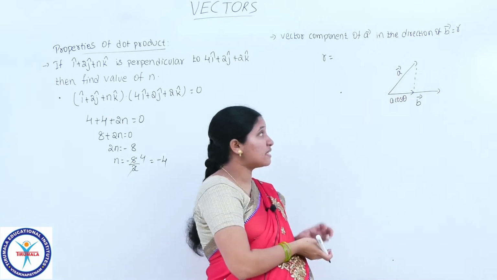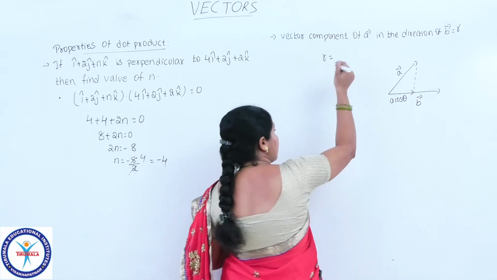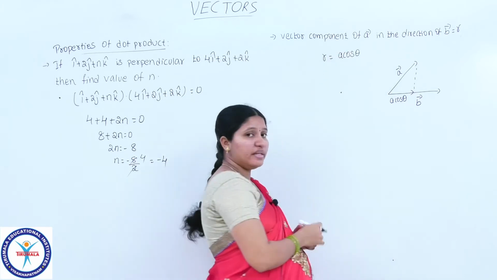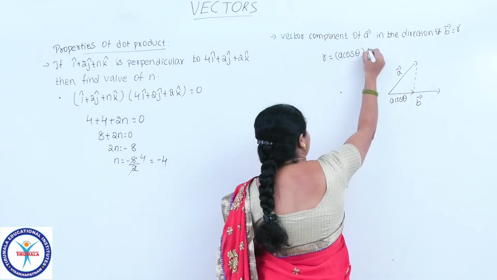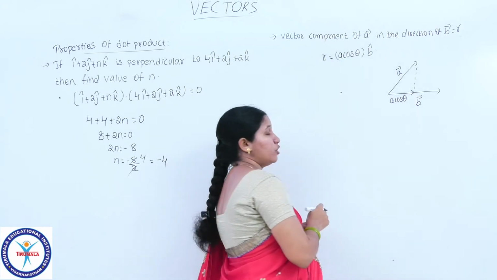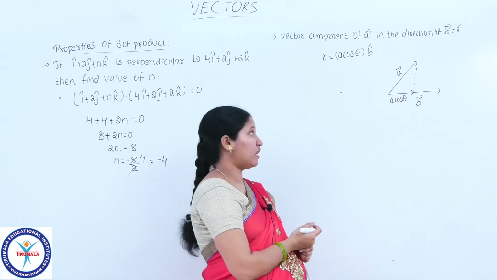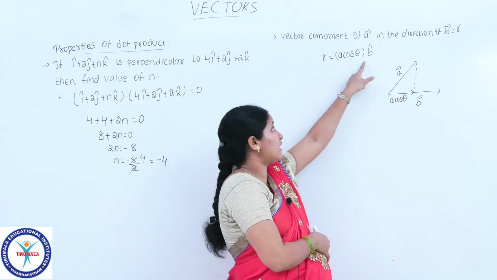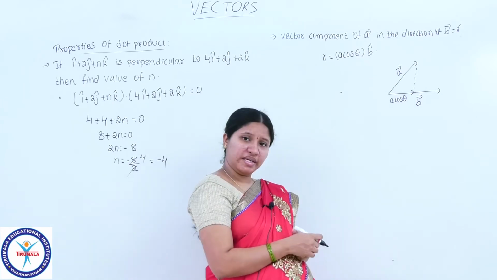Since we are asked in the direction of b bar, we can write r is equal to a cos theta, and in the direction of b bar, we write b cap. Why? Because a unit vector is used to represent the direction of the given vector. So a cos theta into b cap.